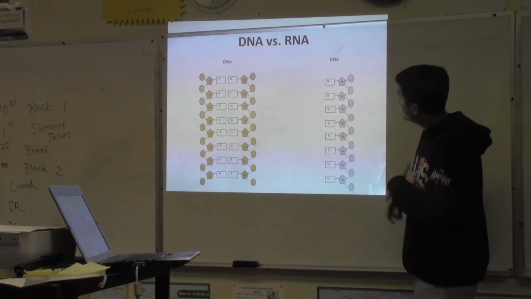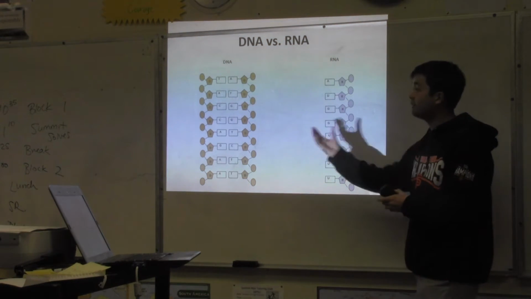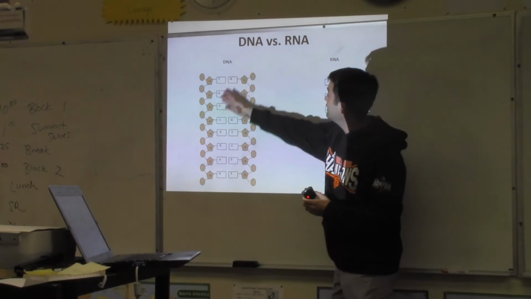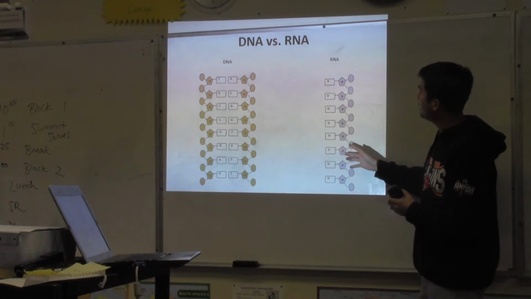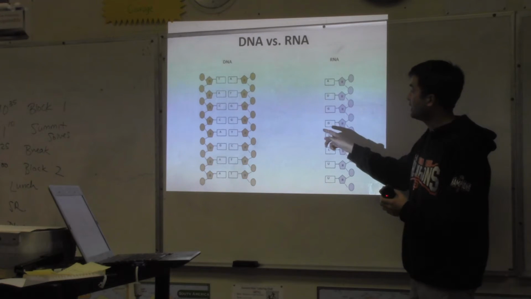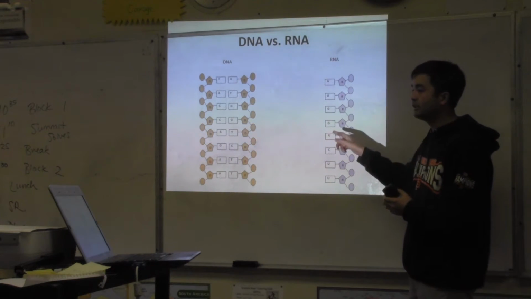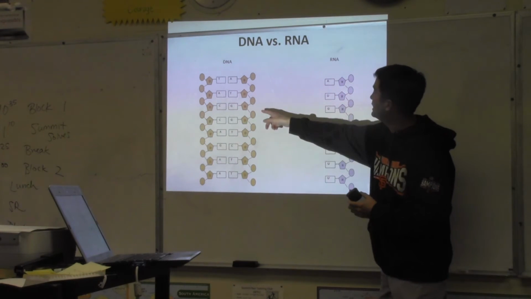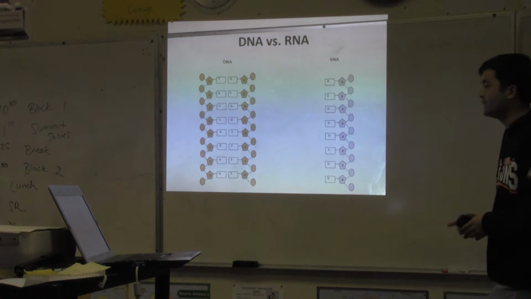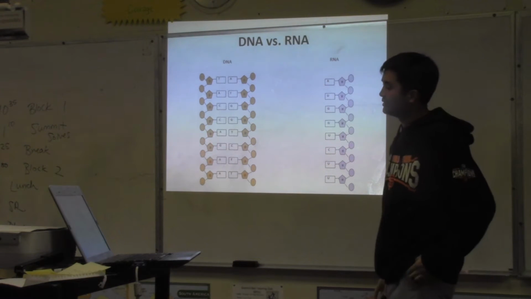Okay, so let's start out with DNA and RNA and compare them side by side. Here we have DNA, here we have RNA. Look at the pictures right now and try to identify some similarities and differences between DNA and RNA. What are some things that stand out to you guys? Maybe just take a couple seconds to think it over.